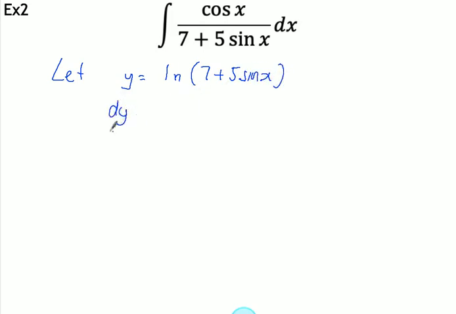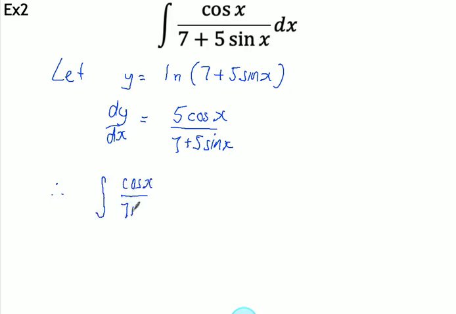And when we differentiate that using the chain rule, we will get, which isn't far off what we want, and now I can make it so I will get the correct coefficient.